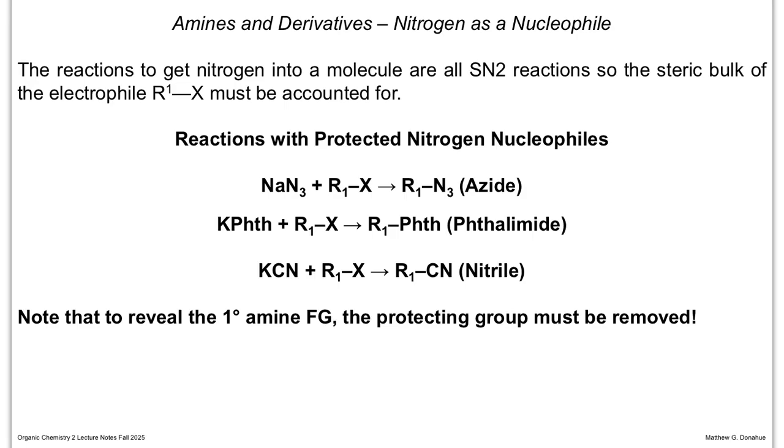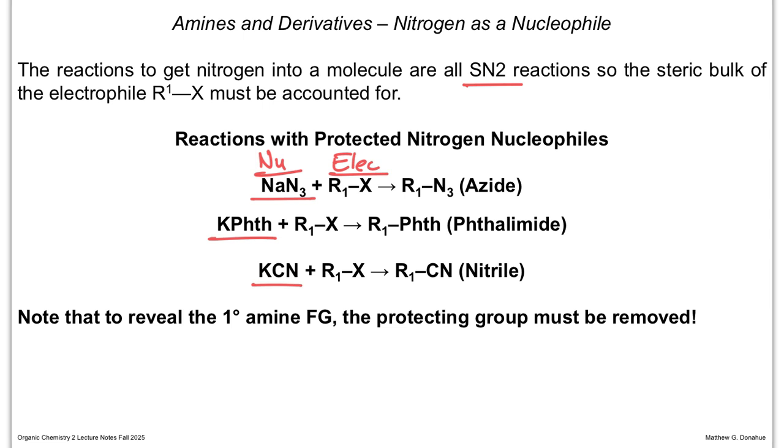So here are the reagents: sodium azide, potassium phthalimide, potassium cyanide. So those are your nucleophiles. And then this R1X is your electrophile. Again, since it's SN2, it's that bimolecular kinetics where you need a polar aprotic solvent and probably some heat to get the substitution to happen.